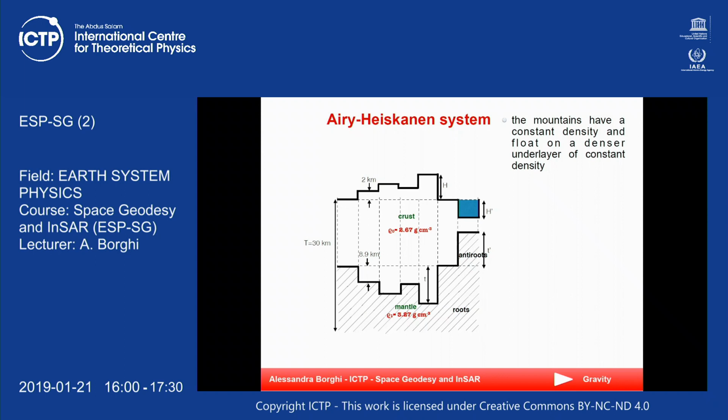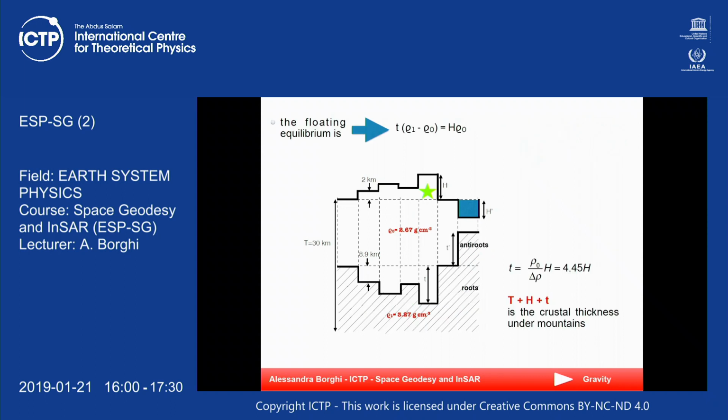So I'm going to check if I found it. And so we say that this is the condition to have a floating equilibrium: the thickness T, the mass given by this step, multiplied by the difference between the two densities, has to be equal to the height multiplied by the reference density, the density of this part of the crust.